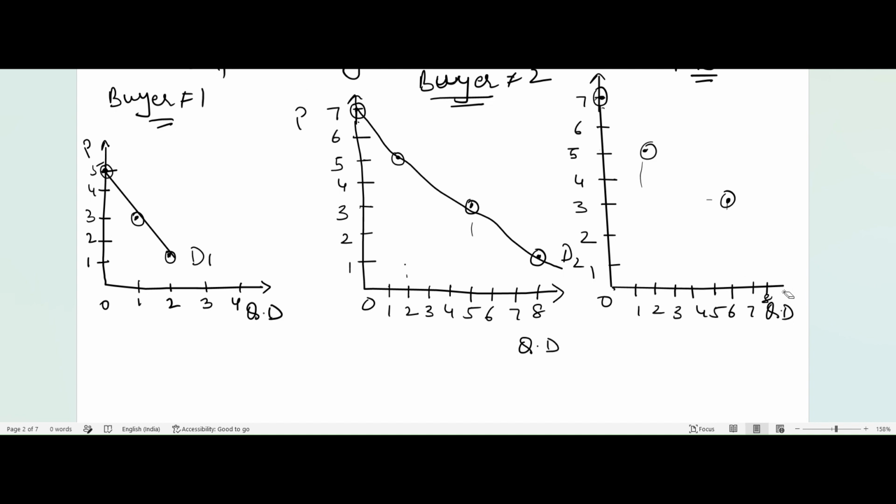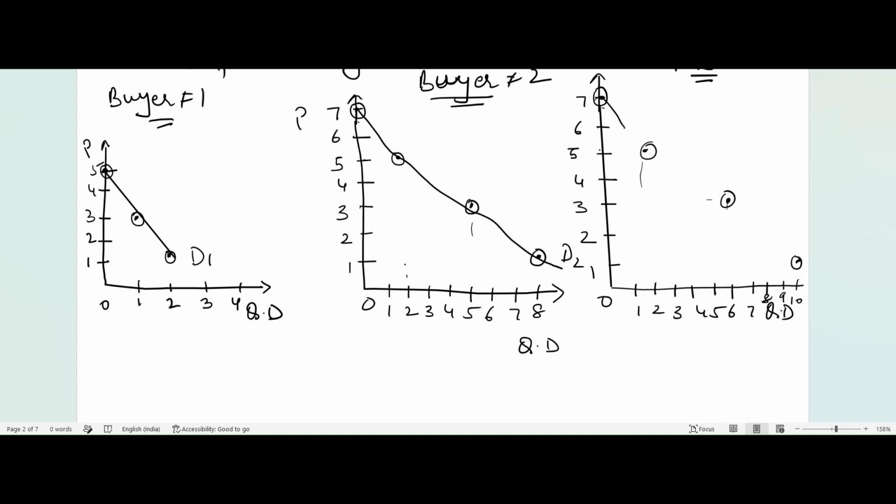I have to just increase my numbers out here. So that's 9 and that's 10, let's say. So at price 1, it's 10.